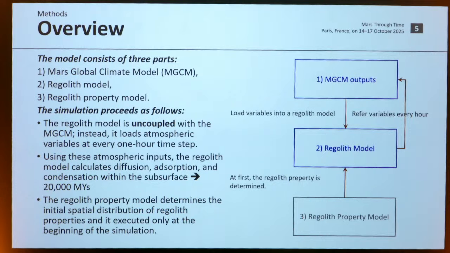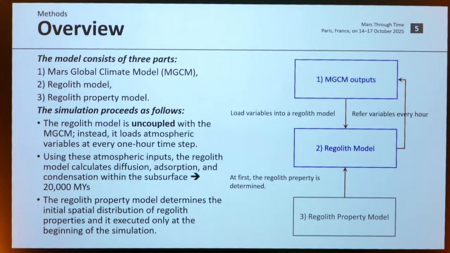The model consists of 3 parts. One is the Mars Global Climate Model, used just for outputs, the second is the regolith model, the main model, and the third is the regolith property model. The regolith model is uncoupled with the Mars Global Climate Model. Instead, it loads atmospheric variables at every 1 hour time step.